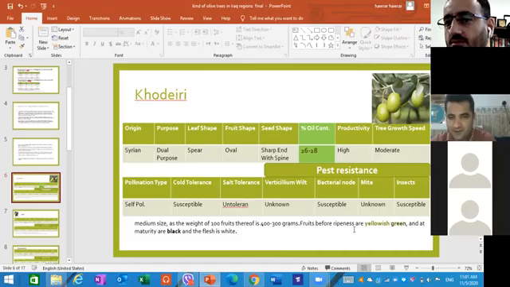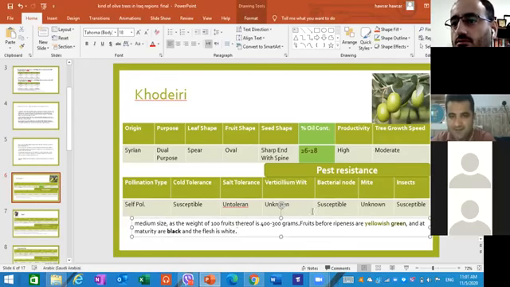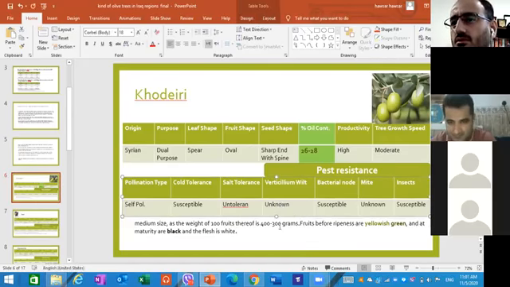Hocam, Khuduri: the color before ripening is yellowish green. After ripening the majority are black, and the flesh is white.